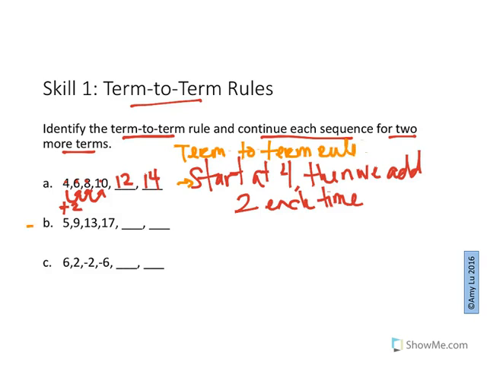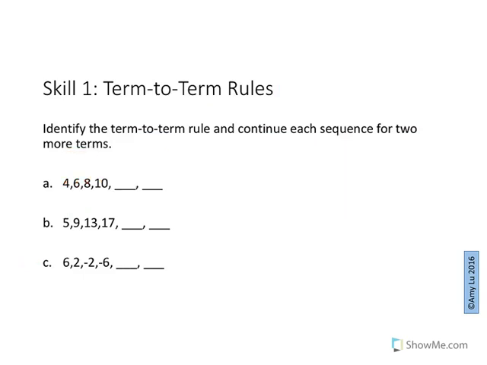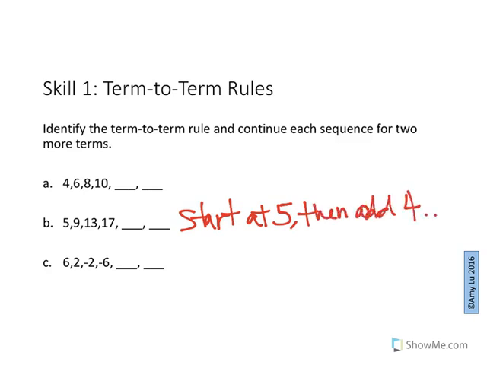So for the following 2 examples, please write out the term-to-term rule and fill in the missing 2 numbers. So pause. So in B, you have to start at 5, then add 4 each time.